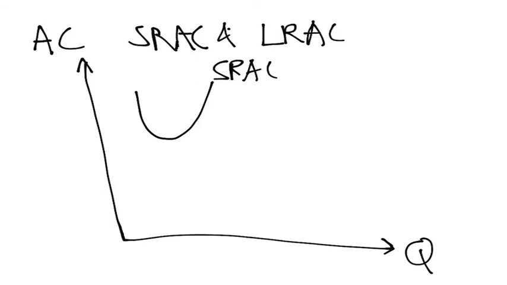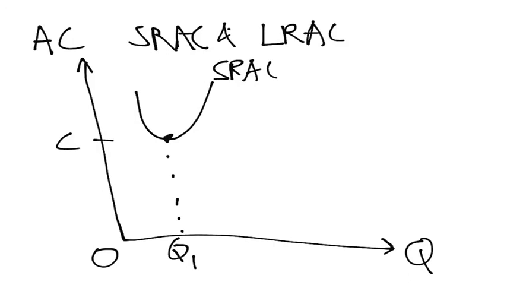For example, this is a factory and they are now producing at the minimum point. The output here is OQ1.